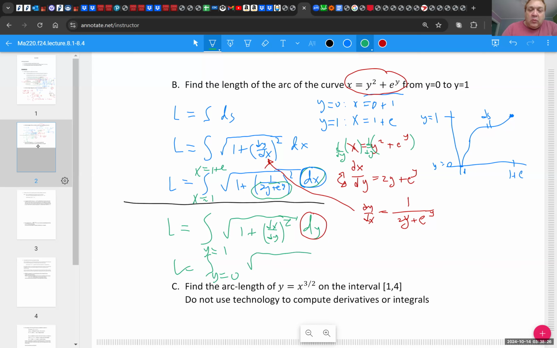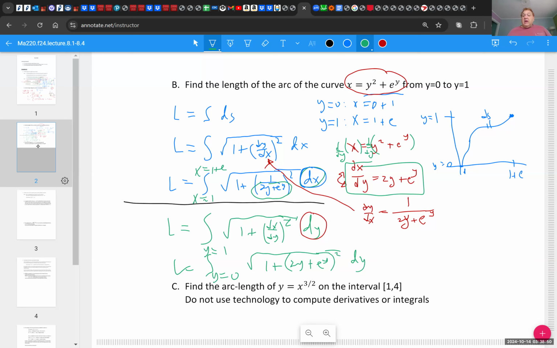I get the square root of 1 plus dx/dy. By the way, we found dx/dy. It's right here, right? That was how we differentiated both sides to find dx/dy. So we don't have to do any kind of reciprocation or solve for anything. It is literally just 2y plus e to the y. Now remember, the formula says dx/dy squared, so I have to square this thing. And then it's times dy.